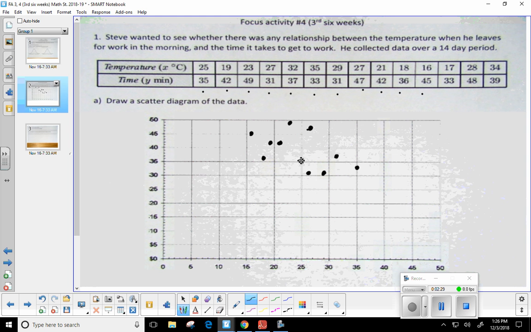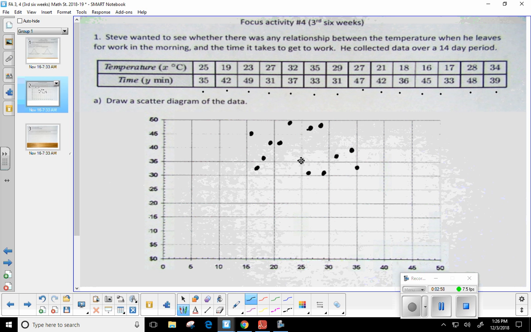Right there. 17, 33. 17, 38. It's close enough. 28, 48. Maybe we have another 48. Oh, no, 48 would be a little higher. And our last one, 34, 39. That puts me right about here.